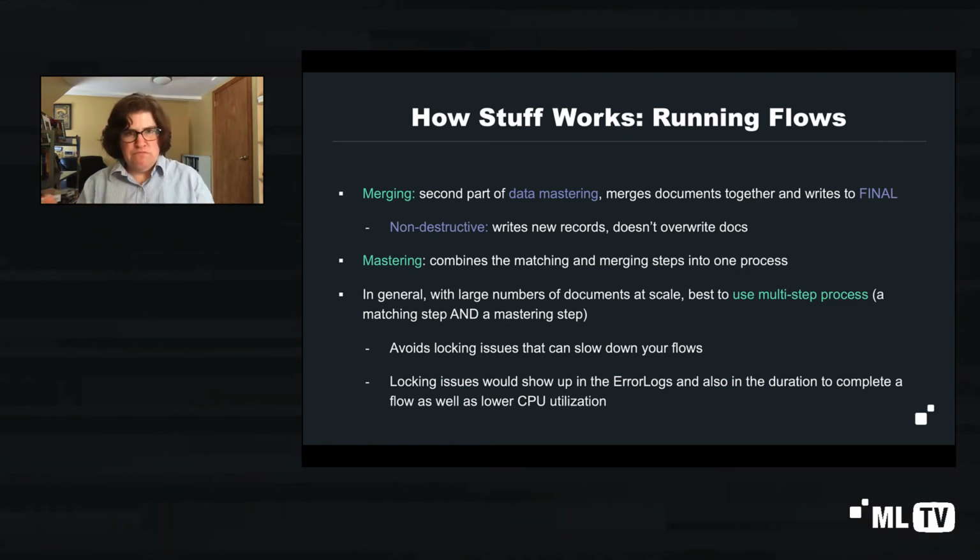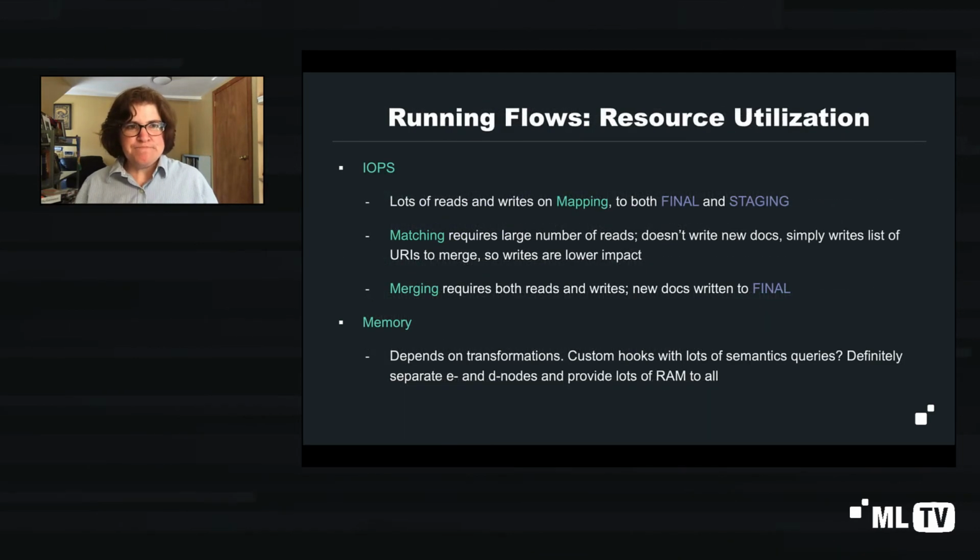We won't just deadlock and call it a day. You go through a retry process, so you would see those retries showing up in the error logs. This would also slow down your flows, potentially significantly. So you'd see a much longer duration to complete your flows, and you'd see lower CPU utilization, which is what we are always looking for when we have locking conflicts.